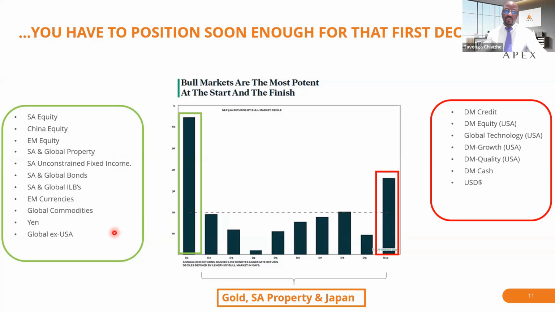And I think the list goes on, but essentially we are strongly convinced that these particular ideas are still experiencing first decile performance. We believe gold, South African property, and Japan are experiencing more expansionary type of performance.